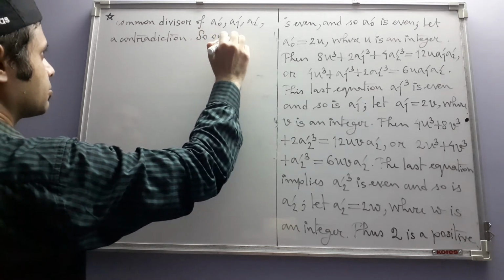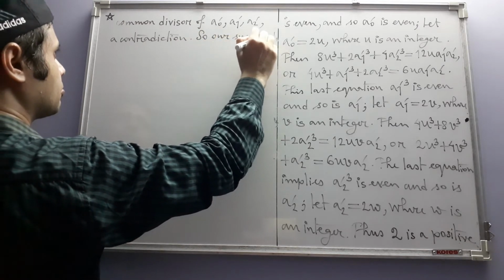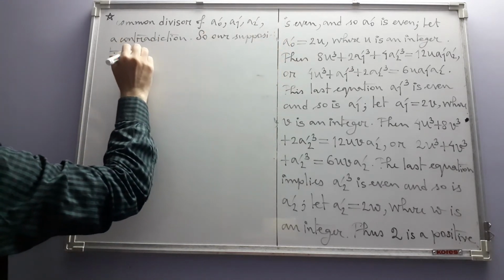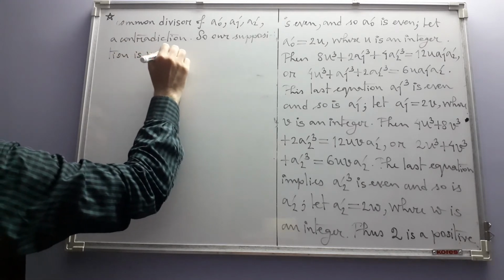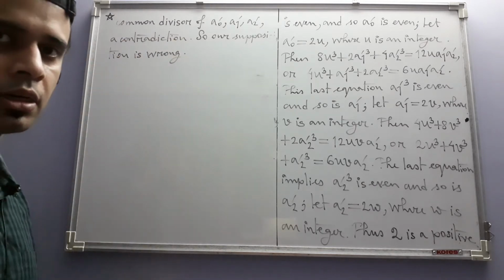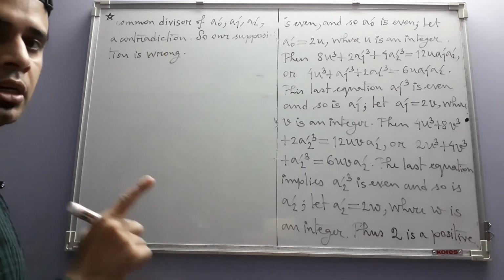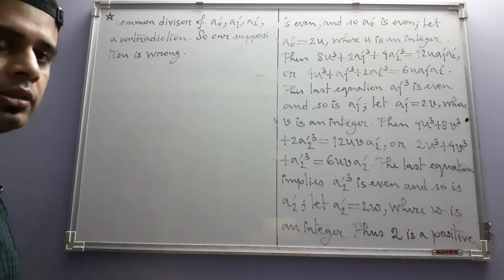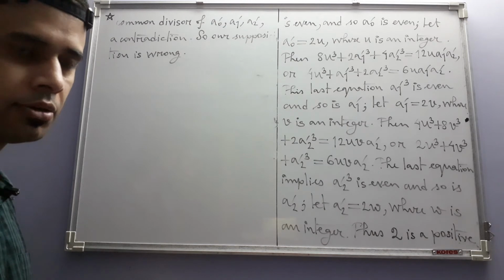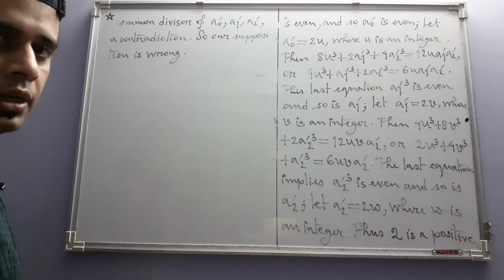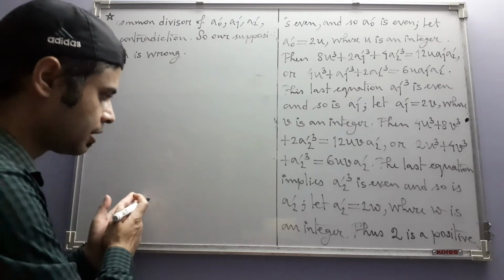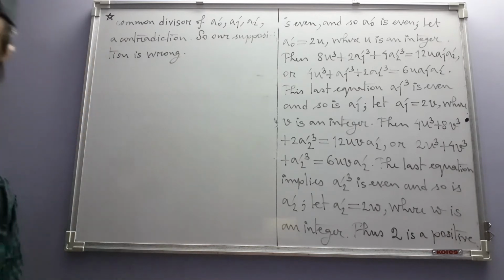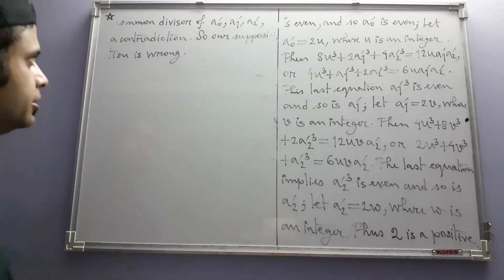So our supposition is wrong. What was our supposition? Our supposition was that determinant is 0, so it cannot be 0. So the determinant is non-zero, consequently the matrix of coefficients is non-singular, and that's why we are able to find a solution. That solution will give us the inverse of that element, which we chose to be any non-zero element in the ring. So we can write like this.